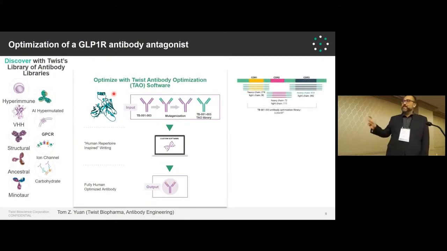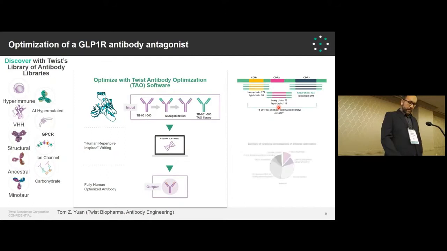What we're essentially doing is trading out CDR1 and CDR2 and the light chain CDR3 for CDRs that are in the human repertoire. And then we're essentially making point mutations of that GLP-1 peptide in the CDR. So there's 433 mutations, and we have an entire library now, starting over from the panning, that will hopefully give us an optimized antagonist for GLP-1R.